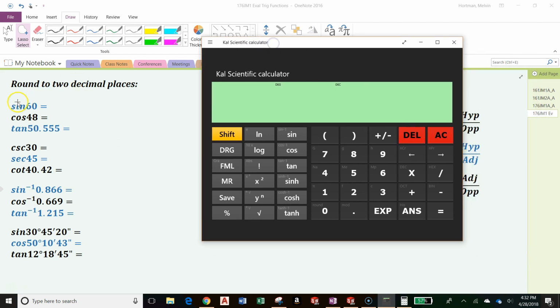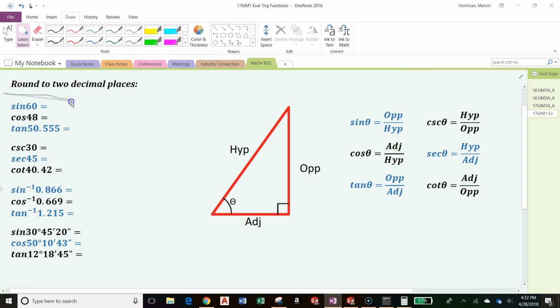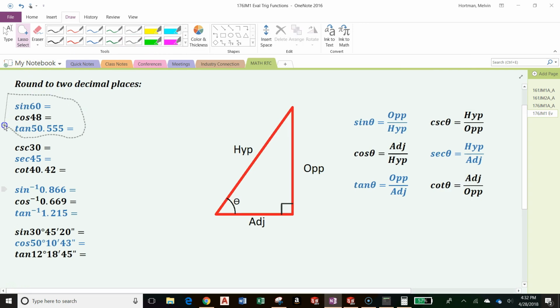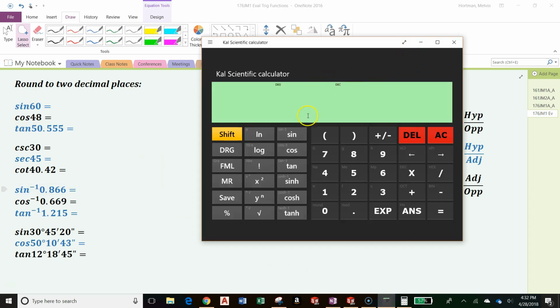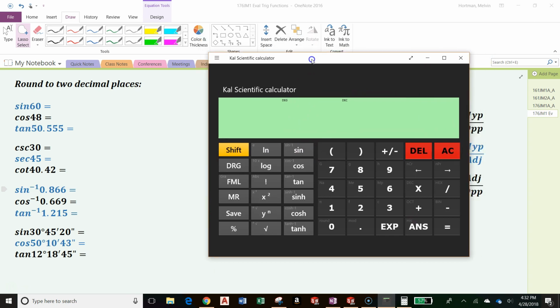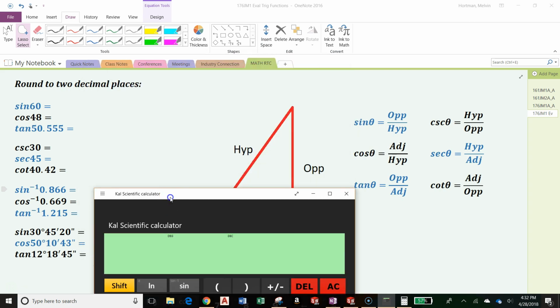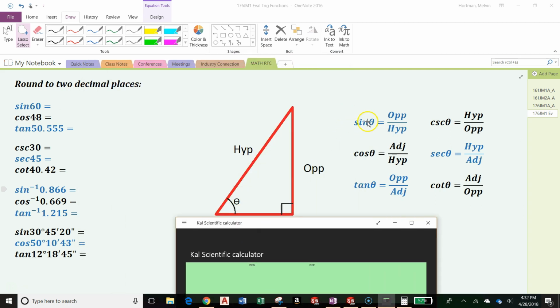So first, let's consider this area right here, just the normal trigonometric functions. So sine of 60, how we would plug that into our calculator, and 60 here, again, I want to show is representing theta. This is representing the angle of the triangle.